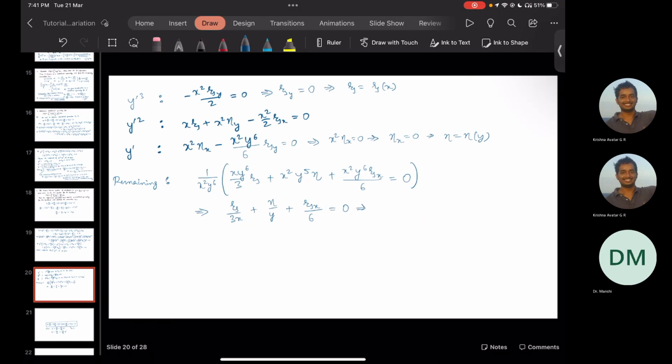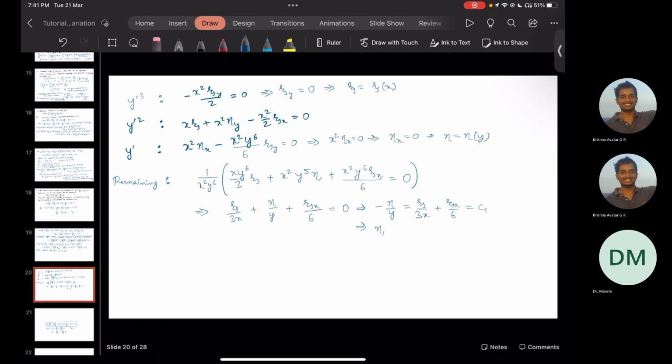We can rearrange this to have minus eta by y is equal to 3x plus xi x by 6. And since xi is a pure function of x and eta is a pure function of y, for this equation to hold, we must have both the terms being equal to some constant c1.